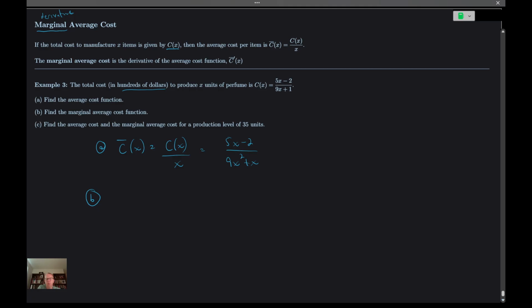Now let's find the marginal average cost function. So we're going to take the derivative of this C bar of X. So this will be the bottom times the derivative of the top minus the top times the derivative of the bottom, all over bottom squared.